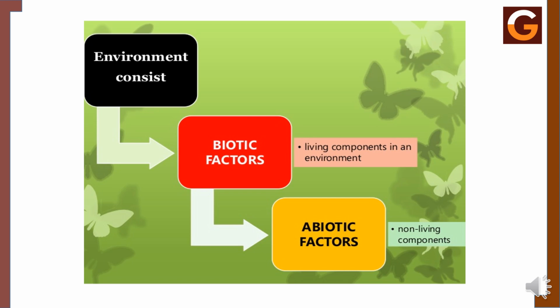Coming to the next session, that means what all does environment consist of? Environment, as we said, it consists of living and non-living components. The living components are known as biotic factors, whereas the non-living components are known as abiotic factors.